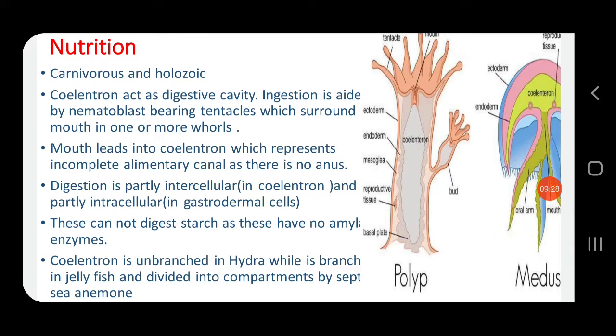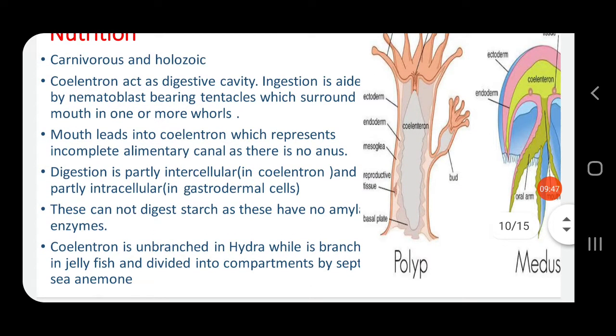Their mouth leads into the coelenteron, which represents an incomplete alimentary canal as no anus is present. Digestion is partly extracellular as well as intracellular, occurring both in the coelenteron and in gastrodermal cells.